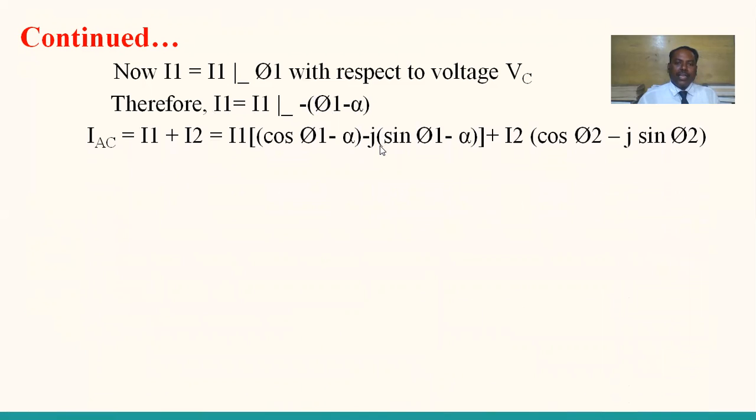So therefore IAC is the total current entered into the distributor, which is equal to I1 plus I2. I1 can be considered by considering the angle of alpha: I1 into (cos(phi1 minus alpha) minus j sin(phi1 minus alpha)) plus I2 into (cos phi2 minus j sin phi2).